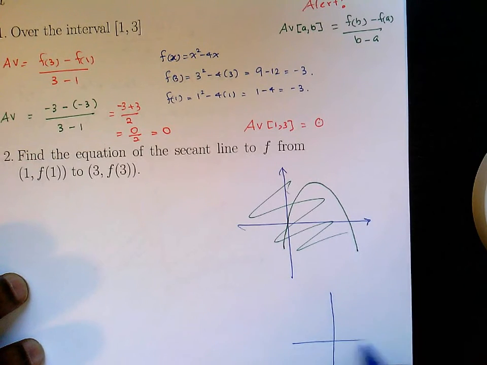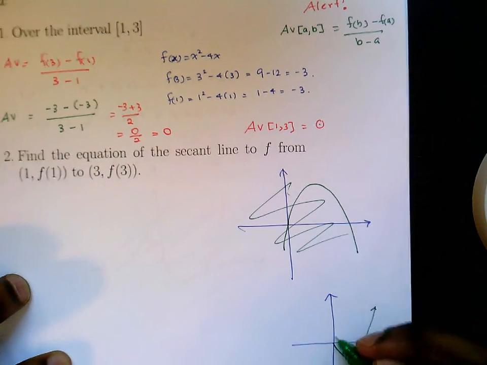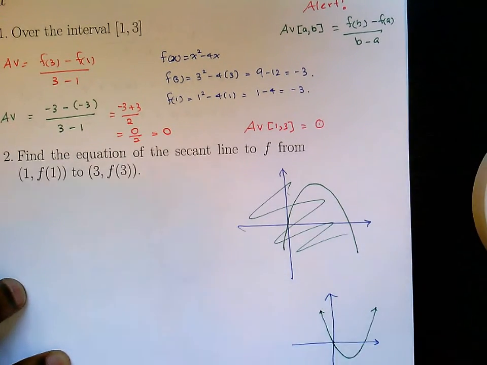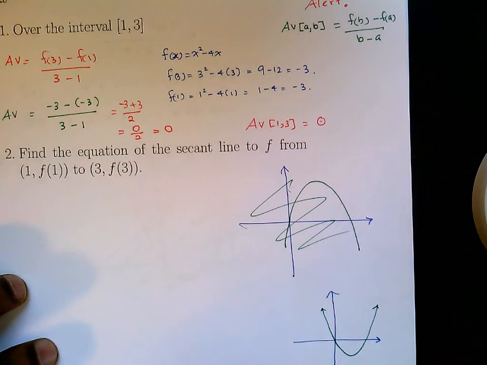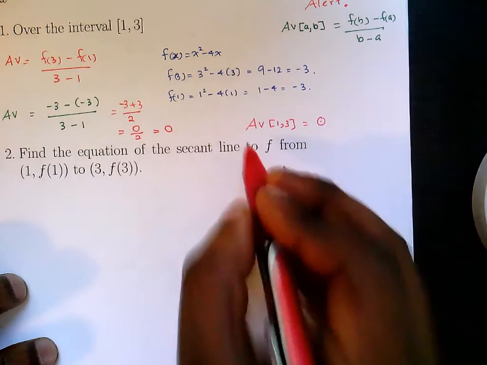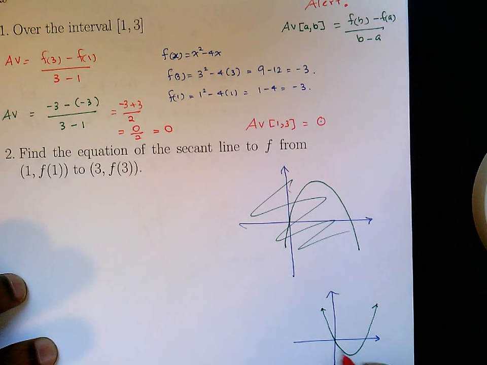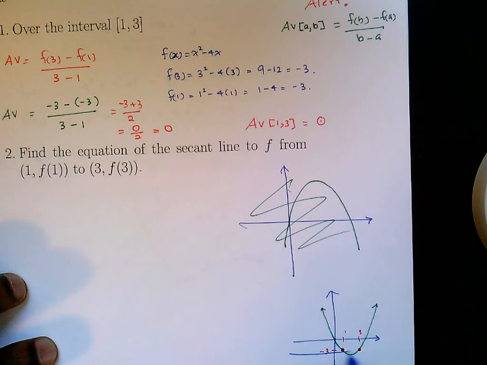So let me just draw it here. Sorry about that. So the graph is a parabola, something like this, and f of 1 is negative 3, probably somewhere here. So negative 3, 1. And f of 3 is again negative 3. So you can see the average rate of change is the slope of this line.